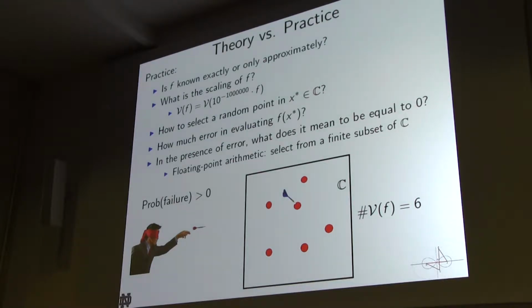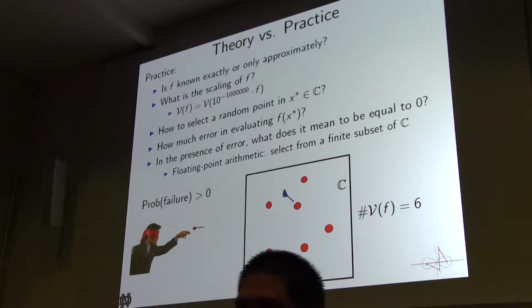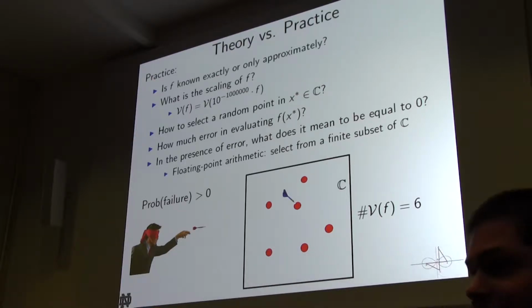Theoretically, that has the same roots as the original one, but they behave numerically much differently. How do I select a random point? How much error is there when I'm evaluating at this random point? What does it mean to be equal to 0 in the presence of error? If I use floating point arithmetic, I only have finitely many points I can sample from. How do I connect this all together?